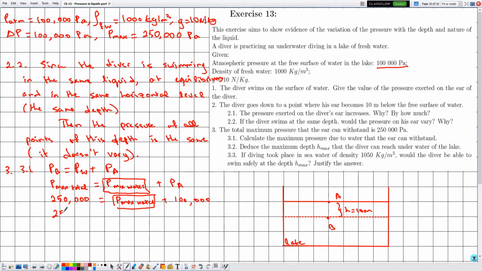So 250,000 minus 100,000 is equal to P max water. Then P max water is equal to 150,000.